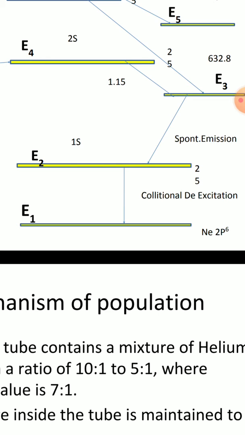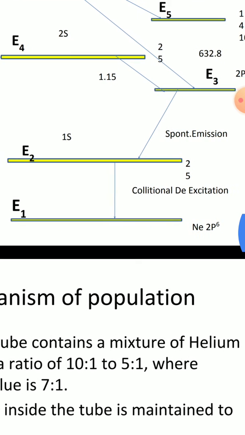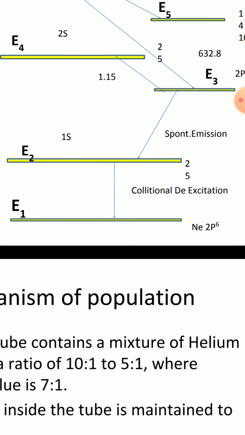So in order to stop this unwanted population, there is a reduction in the diameter of the tube, so that the spontaneously emitted photons and atoms strike the walls of the tube, losing energy, and then come down to the ground level.